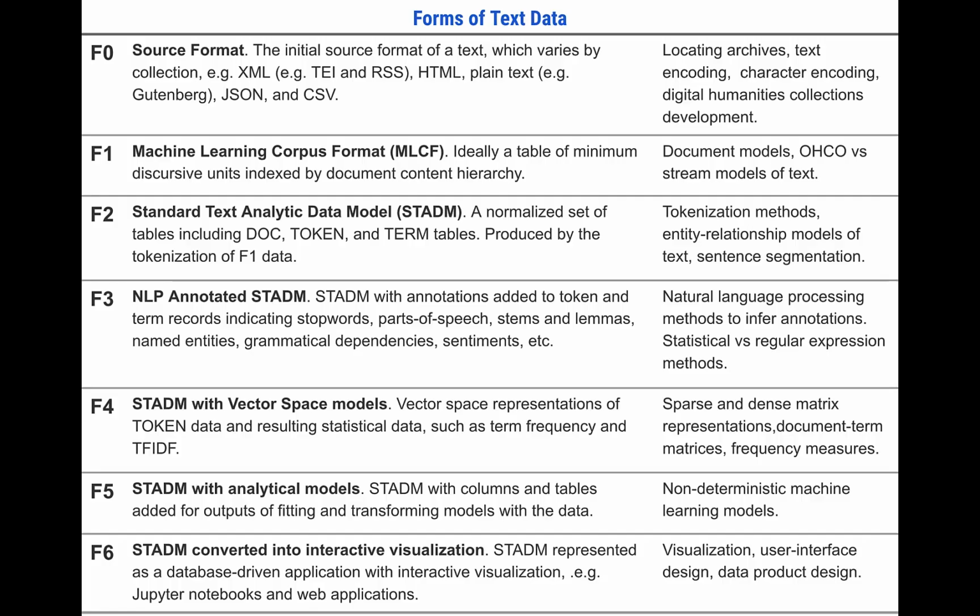So in F0, you simply have text in its source format, such as plain text, as we saw with the Project Gutenberg files, but it could also be XML, like something from the Text Encoding Initiative. It could be in JSON, it could be in CSV. There could be text coming in a lot of formats depending on where it's coming from. Now there's another form that we actually haven't looked at, but which we'll have occasion to, that I call machine learning corpus format, which is a minimum structuring of F0.